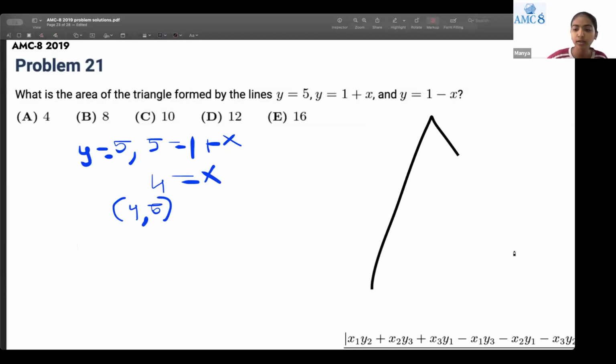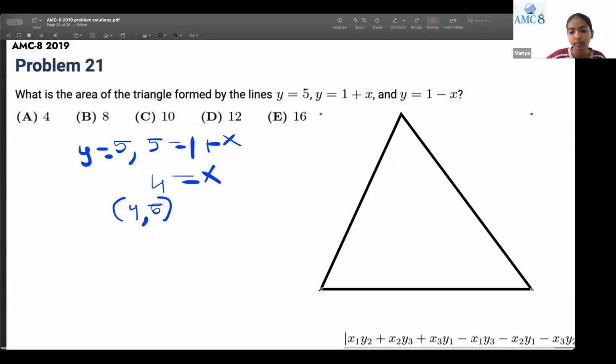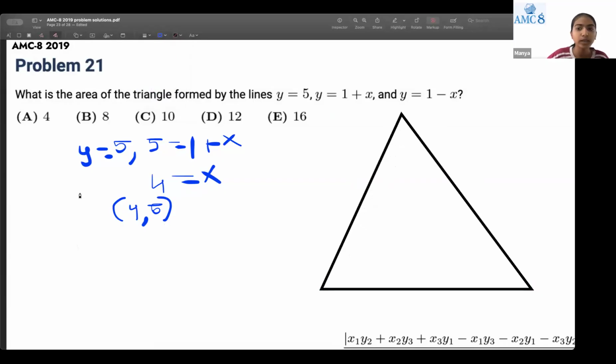So this can be the triangle that we can use here. Okay, so this can be our coordinate here. And now we can find the other coordinate. So we can do once again y equals 5, so 5 equals, and we can substitute the value for this one.